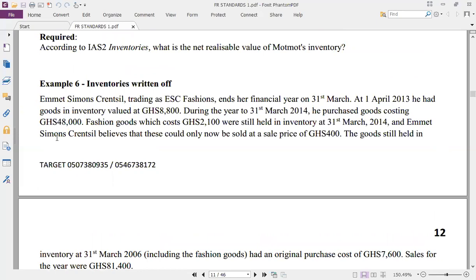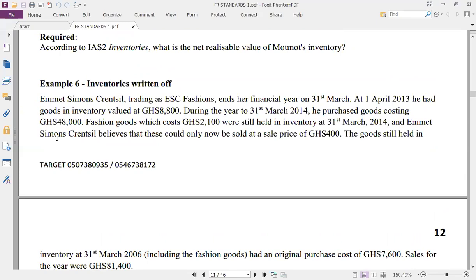Yeah, the central focus is not on the gross profit. The central focus is on how to value the goods, right? Yes, how to value the closing inventory. So I'll just circle how to value the closing inventory and then go and do the remaining parts.